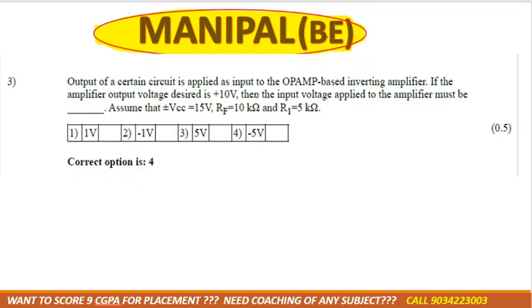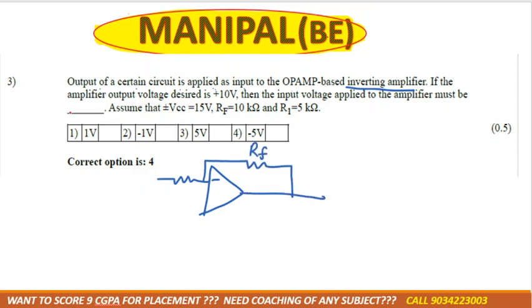Now move on to question number 3. In this they said the output of a certain circuit is applied as an input to the op-amp based inverting amplifier. We have two types mainly, inverting and non-inverting. In the inverting amplifier, the voltage is connected with the negative terminal, and feedback is also connected with the negative terminal.